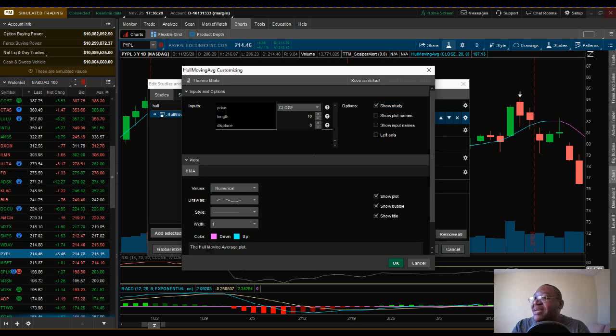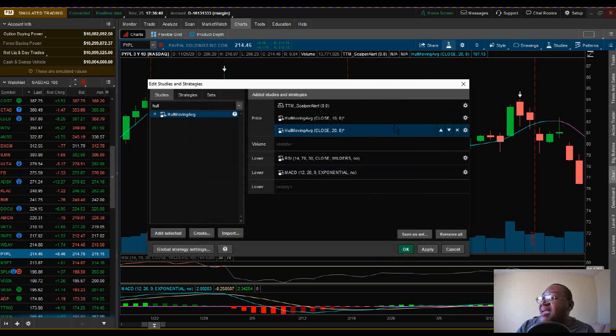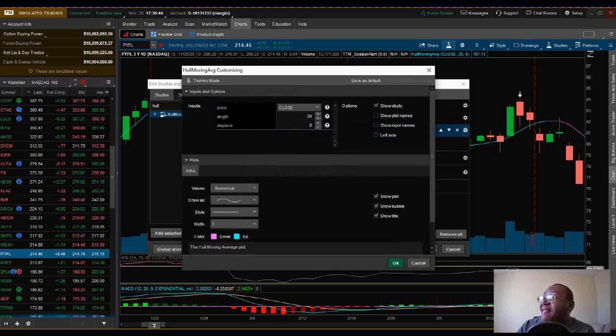Actually, you know what? I want to make this a little bit more visually appealing. So down, red, up, green. Okay. And what I'm going to do, I'm going to come into 20 here. Down, red, up, green. And what I'm going to do is I'm going to change the width.